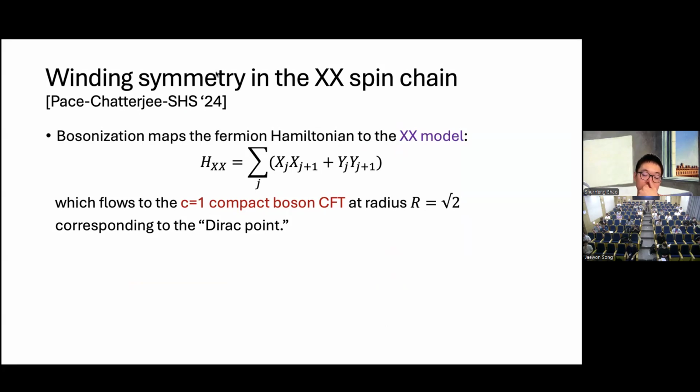That's right. And compared with anomaly matching in the continuum, it seems to be much stronger because, for example, in the case of the continuum, we can have a string vector current type interaction, still gapless. And do you understand why this difference appears?